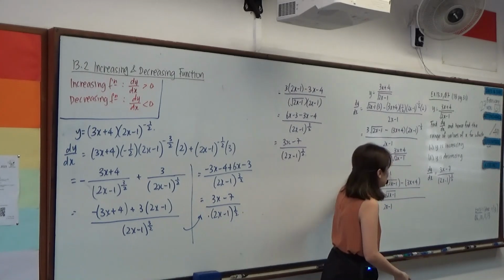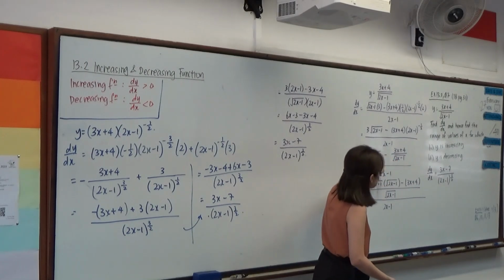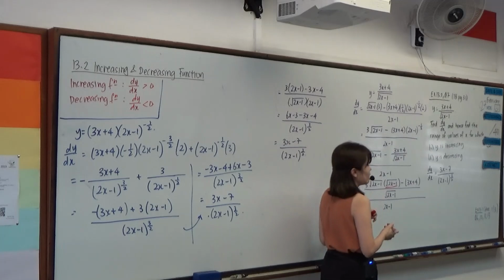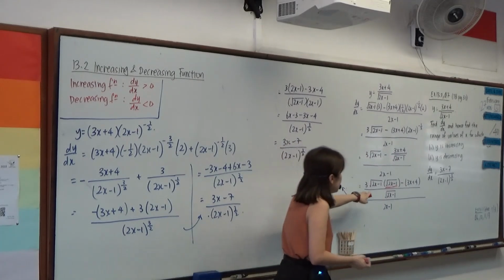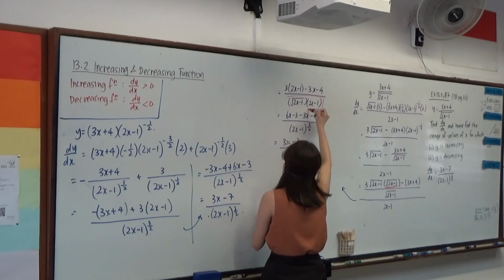Make them same denominator. Recall that every time you make same denominator, the other side must multiply with this denominator here. That's why we have this extra square root 2x minus 1. Then our denominators now can combine together to form this one.